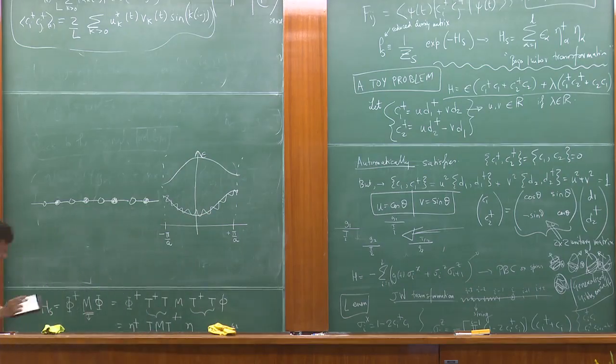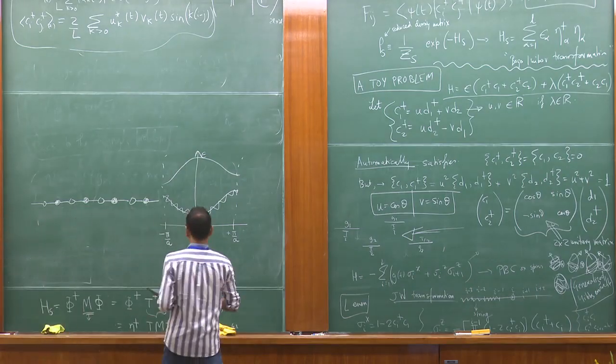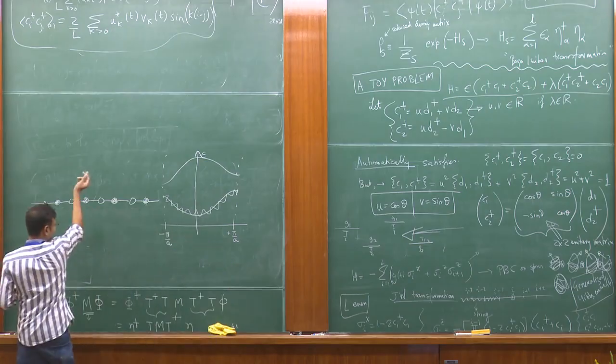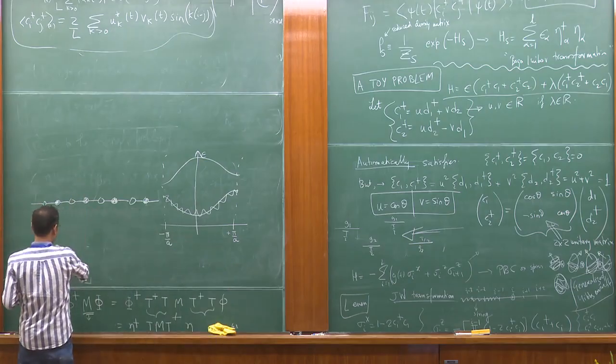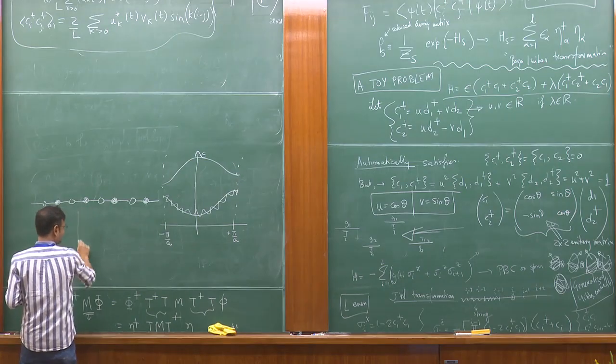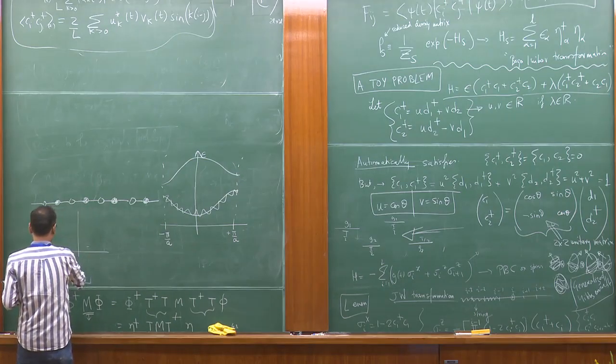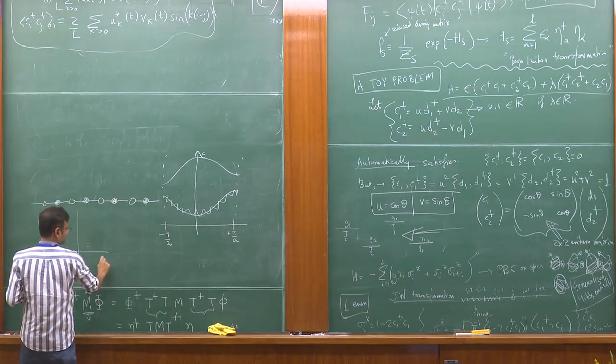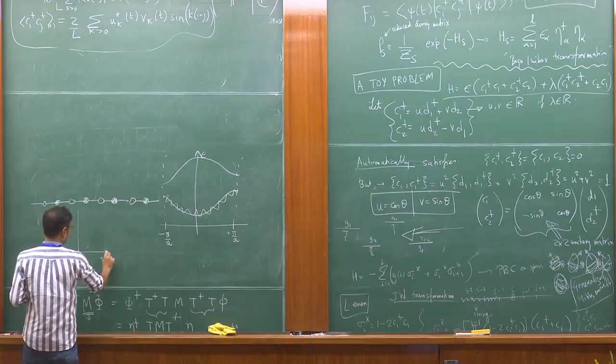Everybody's with me, right? So let me ask you a question now. Suppose there's some very complicated problem and I still need to diagonalize it on a computer, I don't know what. But can I ever get something like this? So let me just draw a diagram for you.